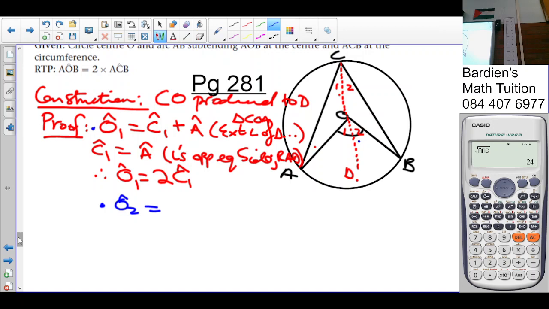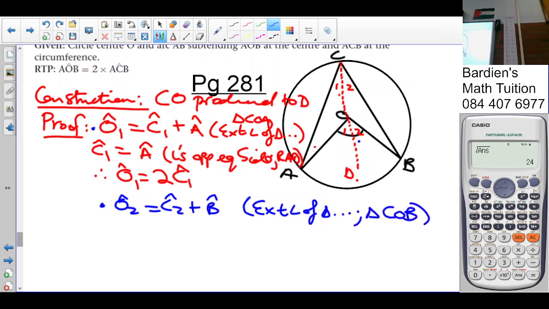O2 is equal to C2 plus angle B, exterior angle of triangle, dot dot dot, and it's triangle COB. So what can we say about C2 and angle B? C2 is equal to angle B, angles opposite equal sides, radius.